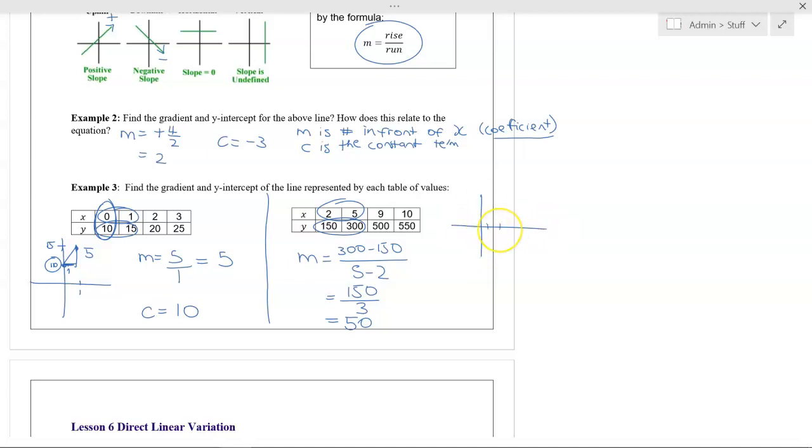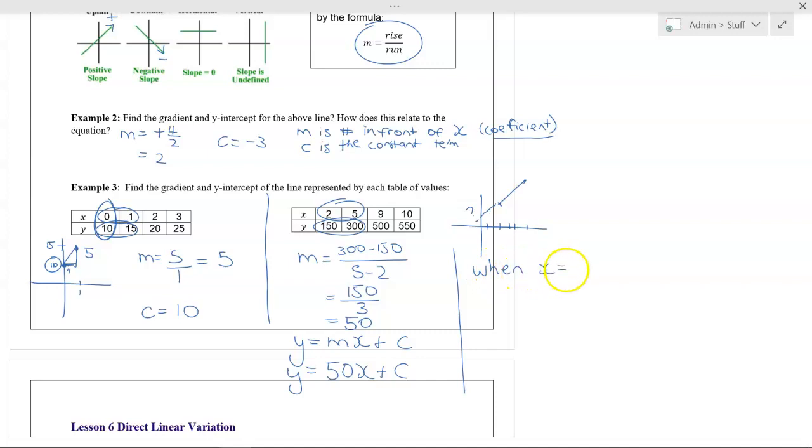Now the y-intercept. This is a bit harder to get because I can't work out what it's going to be when x equals 0. I don't know. So what I'm going to do is I'm going to write the equation y equals mx plus c. I'm going to plug in the 50 I just worked out. Now what I'm going to do is choose any point, any of those points in the graph.